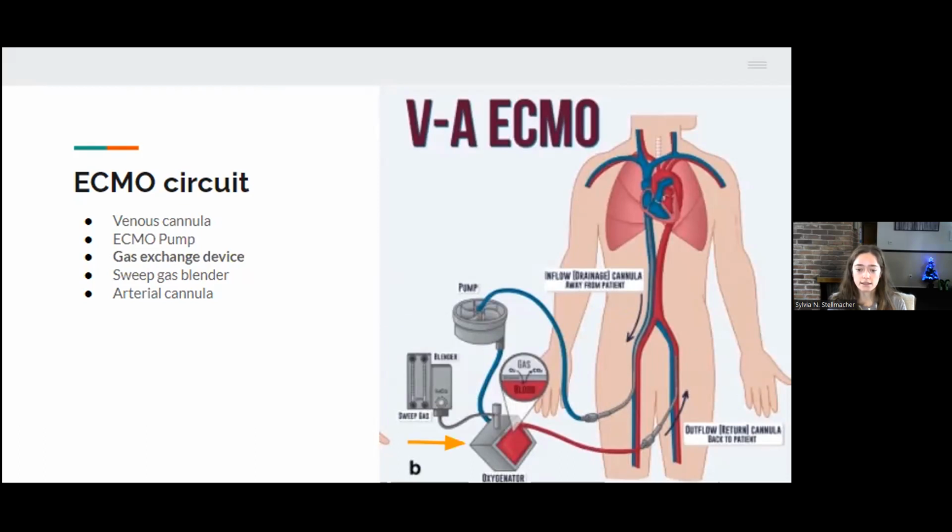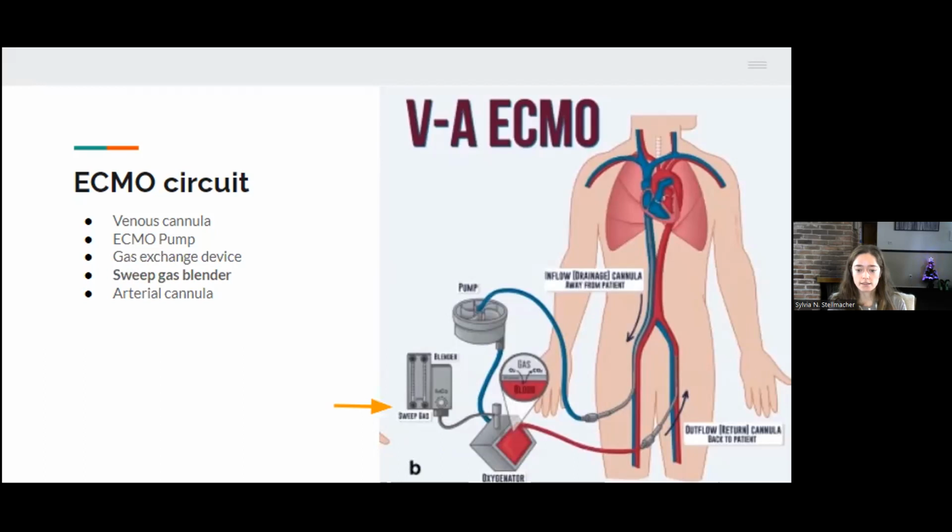This is the gas exchange device. It has a sweep gas inflow, which uses compressed wall oxygen, compressed wall air, and blends the two together to deliver the desired amount of oxygen. It also has a flow meter. It has a heat exchanger, and it has access points for sampling blood or removing air if air gets trapped in the circuit.